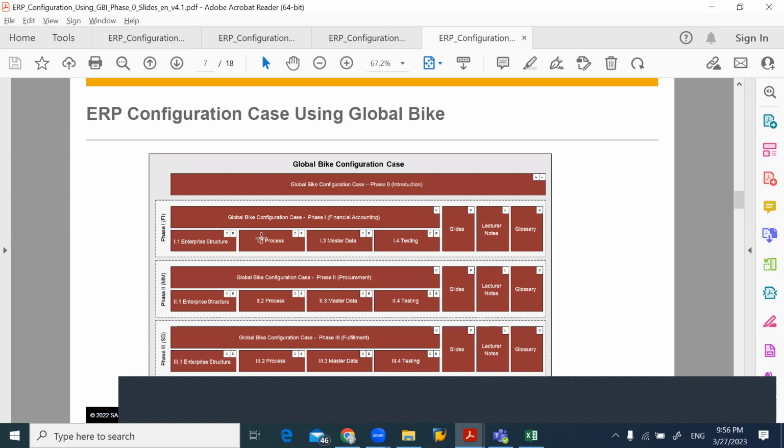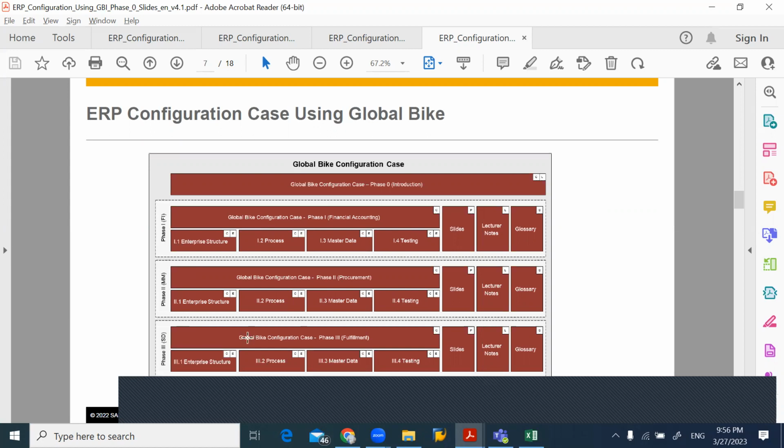These are the processes which are universal, always, in any module. If you look at material management, we are going to configure the enterprise structure. We will enter some parameters for the different processes. We'll create the master data, and then we will do the testing.